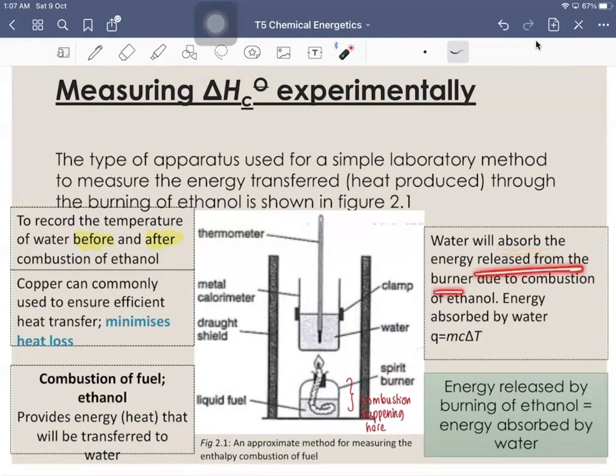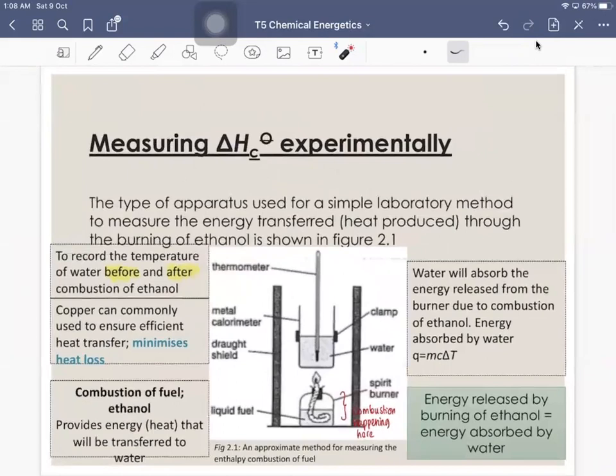Energy absorbed by water can be calculated using this formula: Q equals mc delta T. I'll go through these terms in the next slide. We say that energy released by burning of ethanol or whatever fuel is equal to the energy absorbed by the water. If we can find the energy in the water, which is easy because we can find the temperature before and after, then the energy is also the same for the burner.